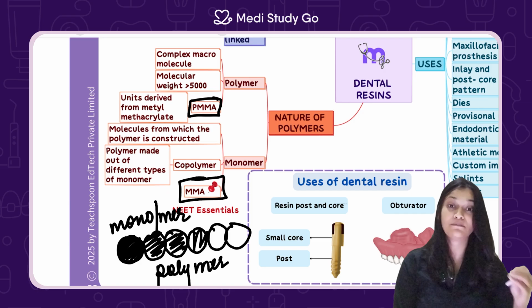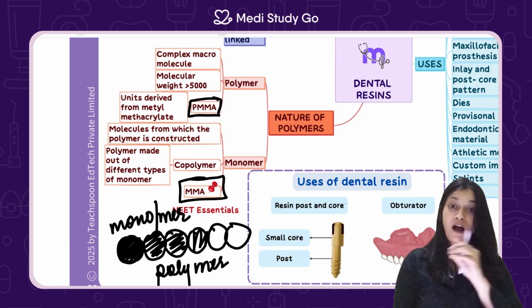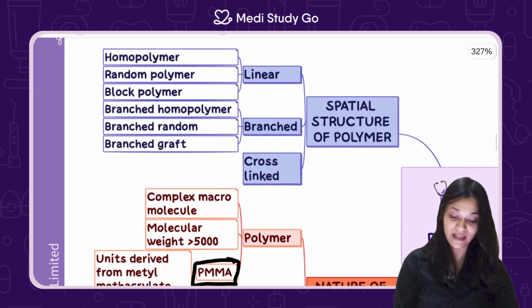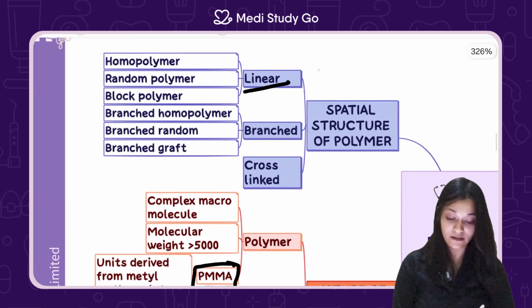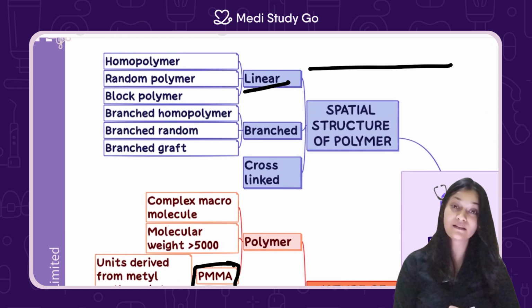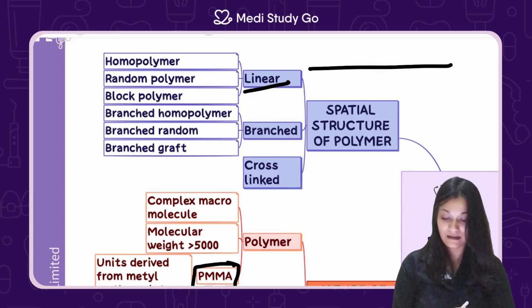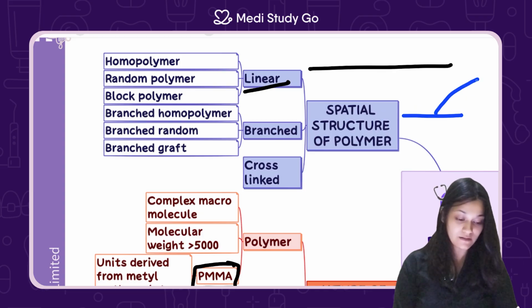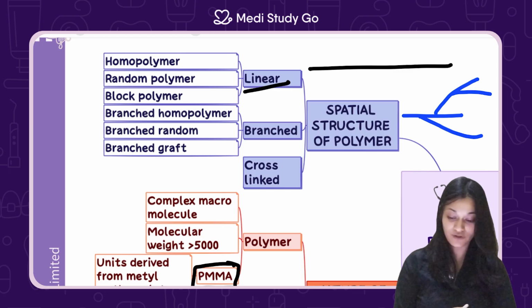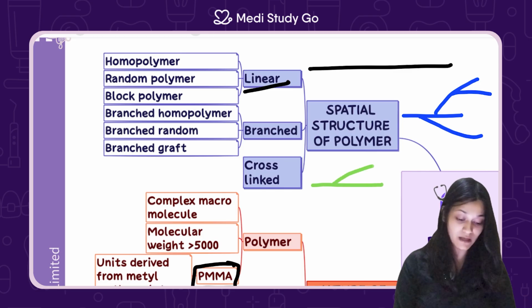Now polymer can be attached in various forms. According to its attachment, it adopts its name, which can either be linear, and as the name suggests, linear is just one line. It can be branched, like the branches of a tree. And the third thing is it can be cross-linked.